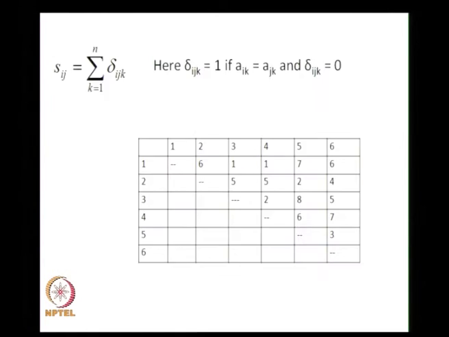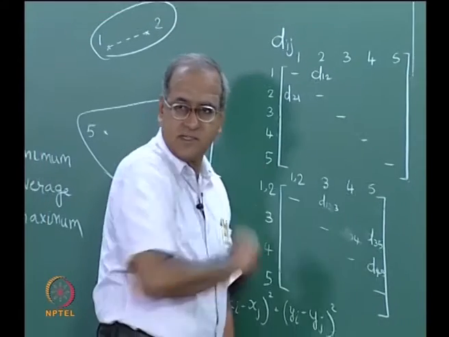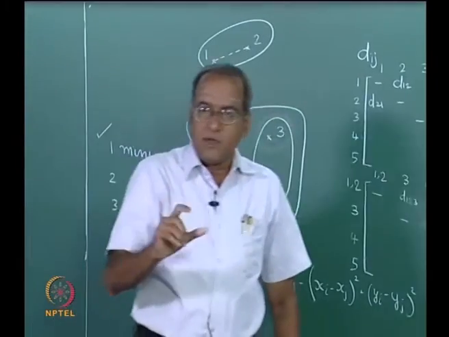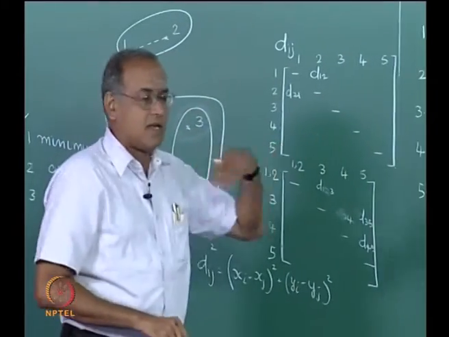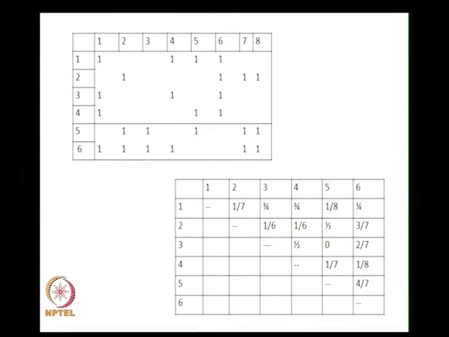The commonality is a matrix, except that this is a similarity matrix, whereas the matrix that we used here is a distance matrix, which is a difference. The common thing between this algorithm and the algorithm to group machines is the fact that there is a matrix, which is a similarity matrix in this case.